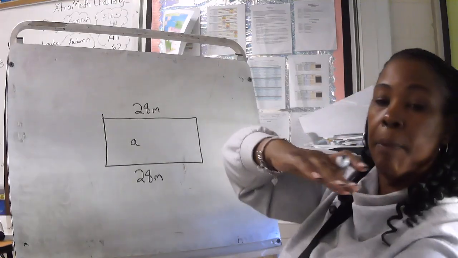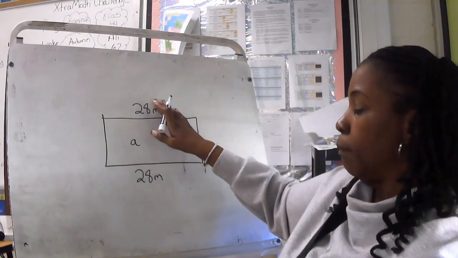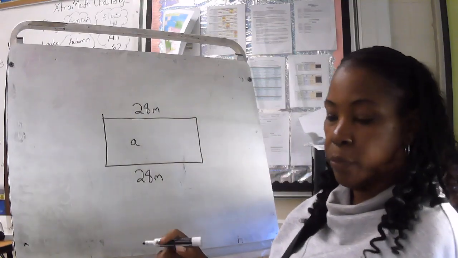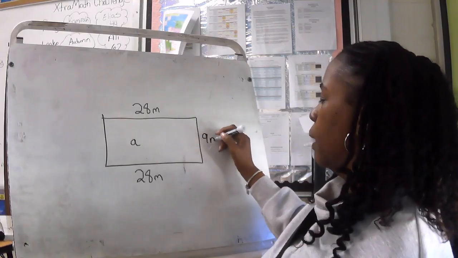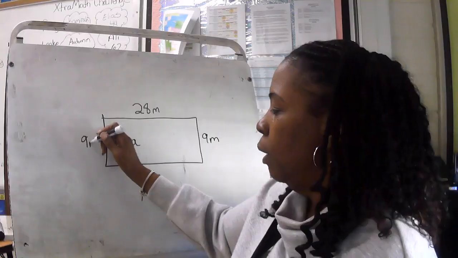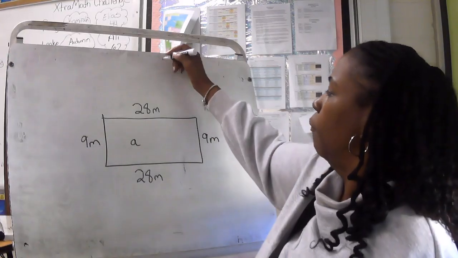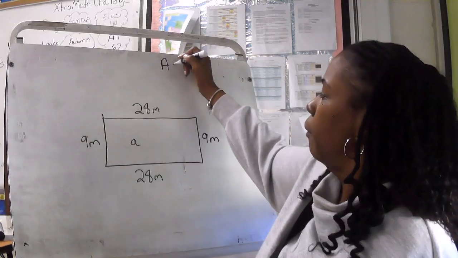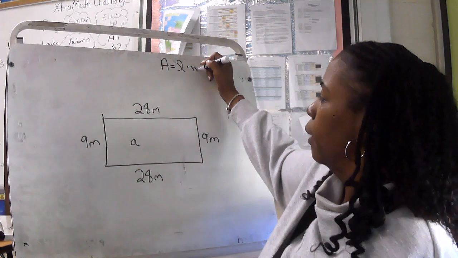So we know the top and bottom on a rectangle are congruent. So if the top is 28 meters, the bottom has to be 28 meters. Here it says the width is 9 meters. So if this side is 9 meters on the rectangle, the opposite side is also 9 meters. And now we're looking for the area. The formula for area is area equals length times width.